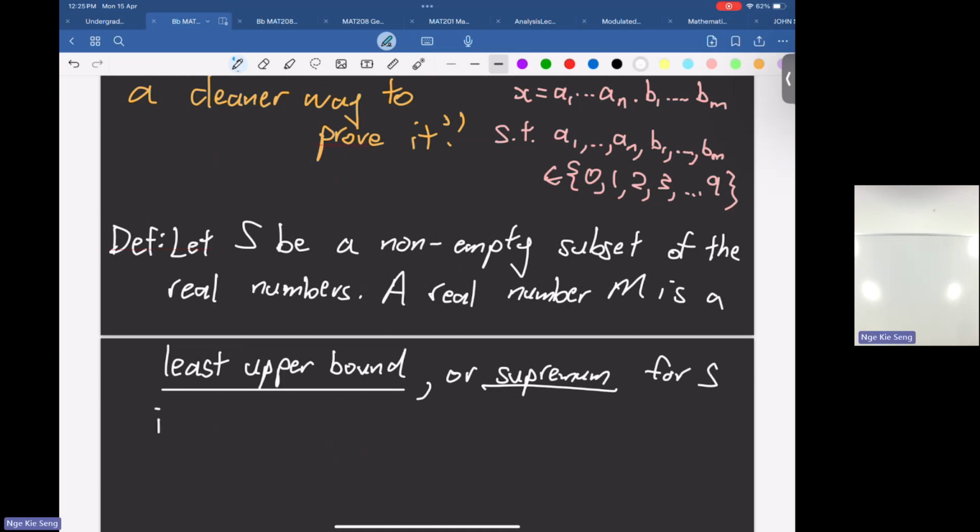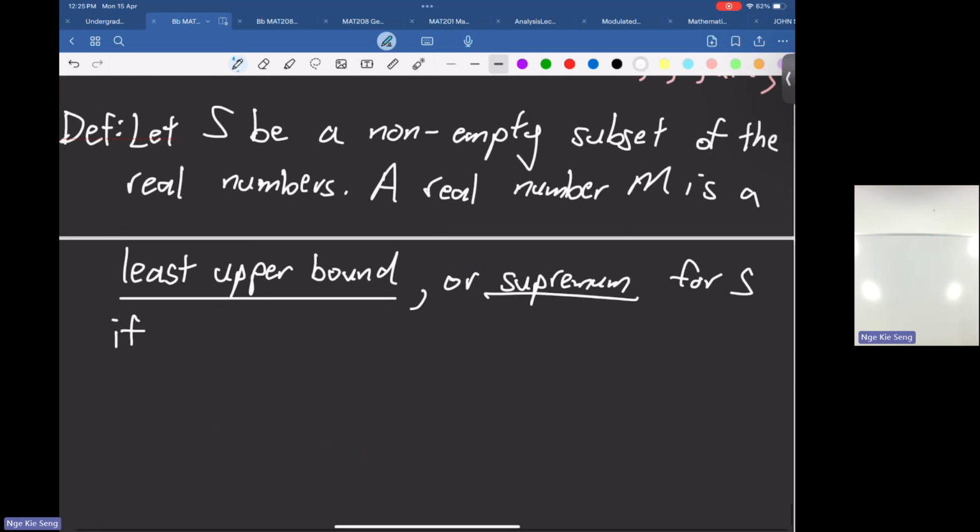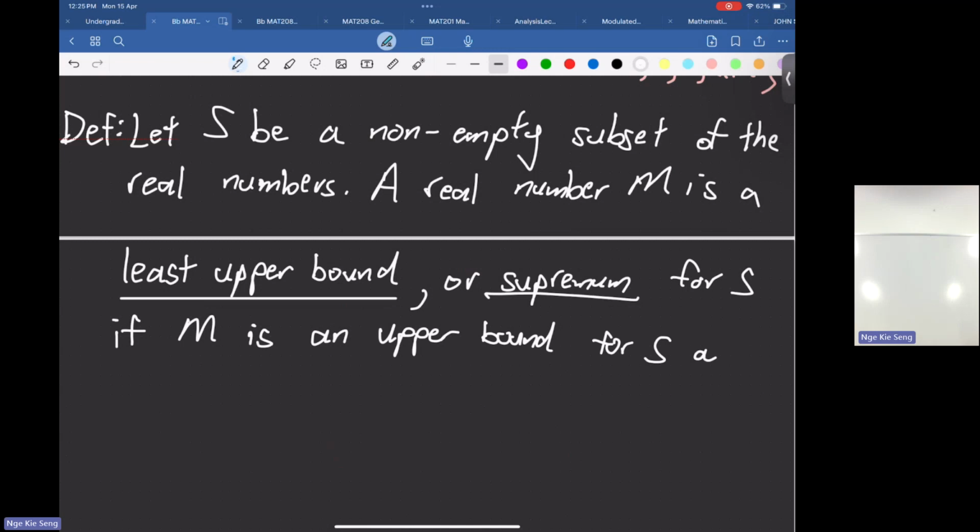For S, there are two properties. First of all, this number has to be an upper bound. Least upper bound, it has to be an upper bound first. And then how do you make sure it is the least one?